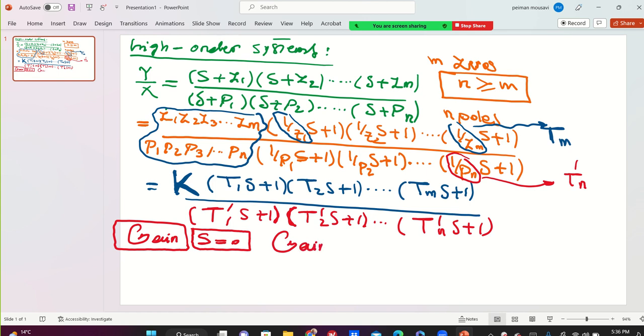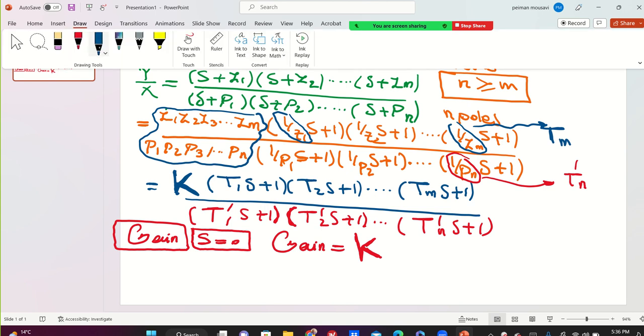Put s equal 0 in all places. The gain of the system is K here. We have to know about this, this transfer function.